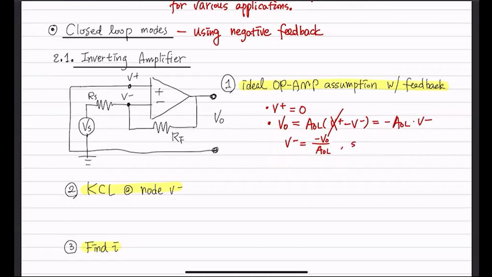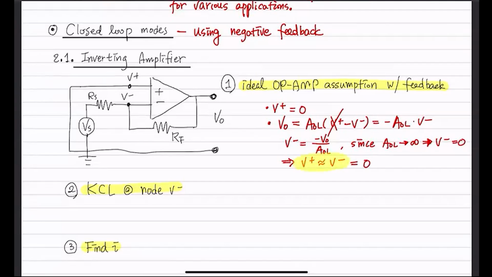And since AOL goes to infinite, right? That was what we assumed. So the V negative is 0 as well, because you divide something by infinite. So that becomes 0. So from here, we can tell V positive is V negative, and that just happened to be 0.